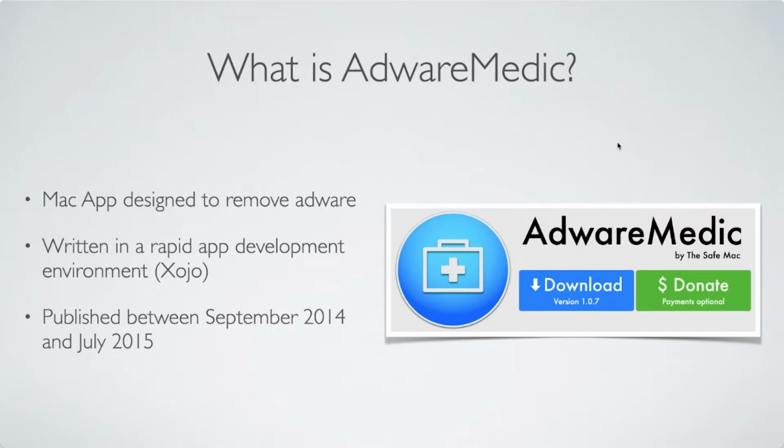I don't know how to pronounce the new name, Xojo, I don't know. I'll probably just say RealBasic from here on out, and you'll know what I mean. And this app was published between September 2014 and July 2015. So it seemed like a lot longer than that at the time, but it really wasn't all that long, less than a year.